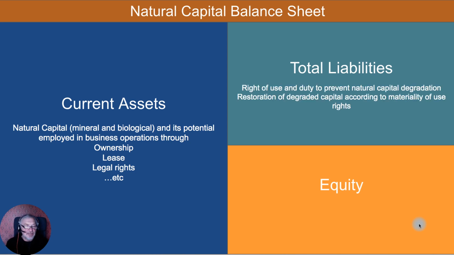Now, the liabilities come from the right of use and duty to prevent capital degradation. And there's also a liability, which would be the restoration of degraded capital. And that would be according to use rights.